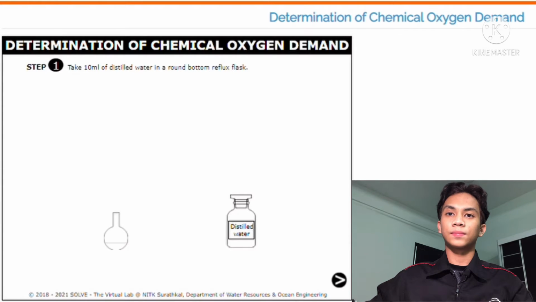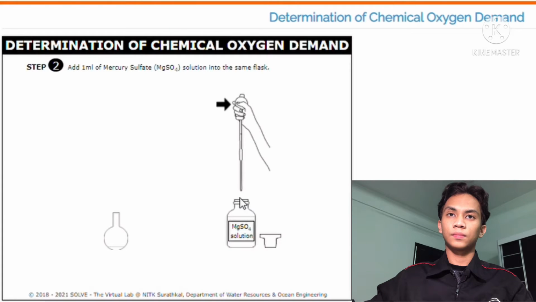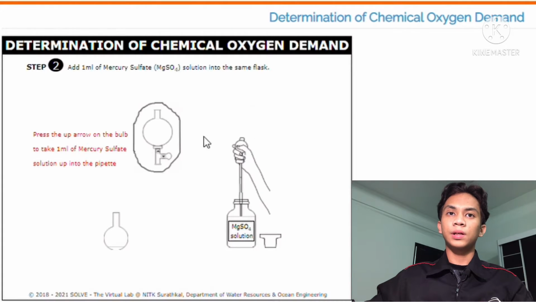Next, step 2. Add 1 ml of mercury sulfate solution into the same flask. Again, use the pipette.